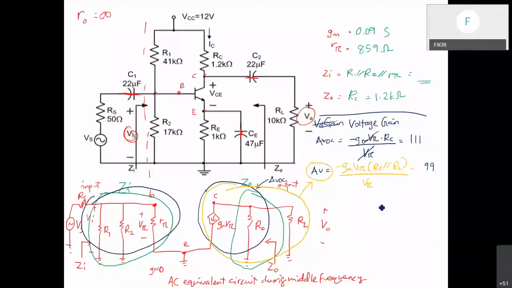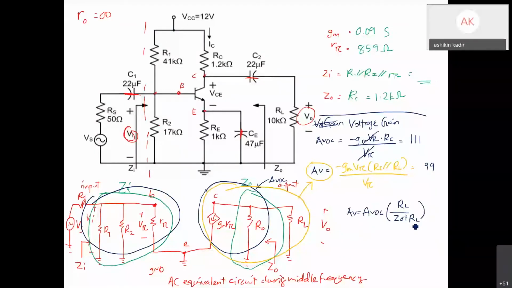Okay, so if you want to use the equation instead of determining using Ohm's law, you can use the equation: AV equals AVOC multiply with RL over Z out plus RL.